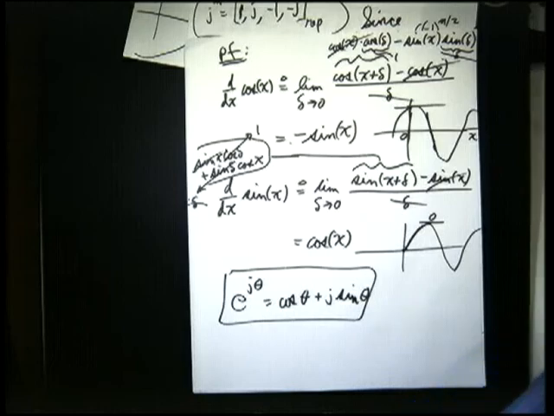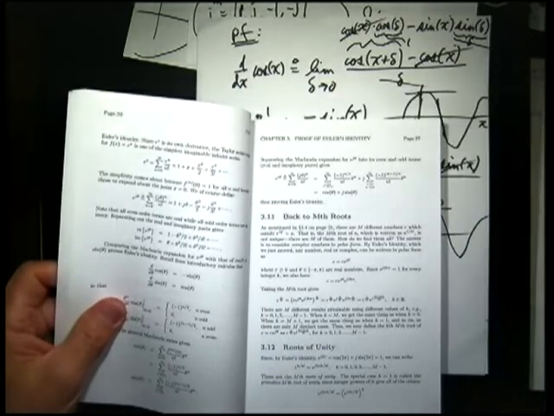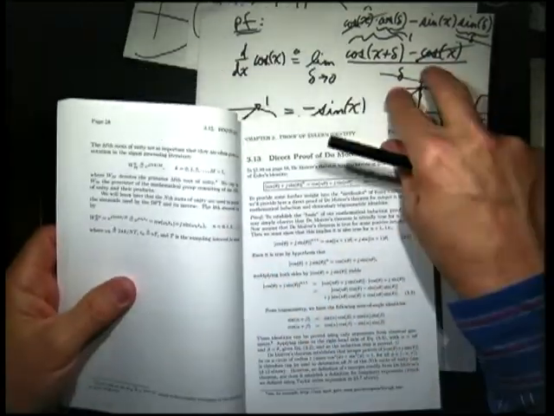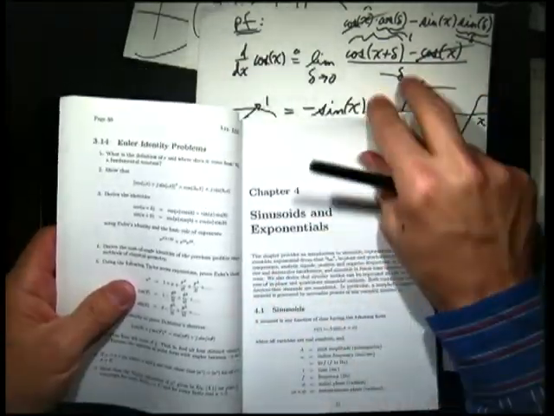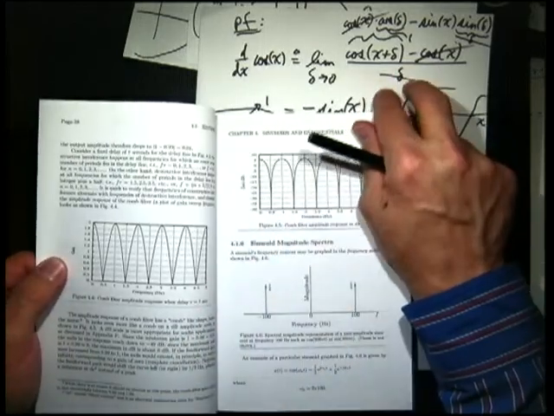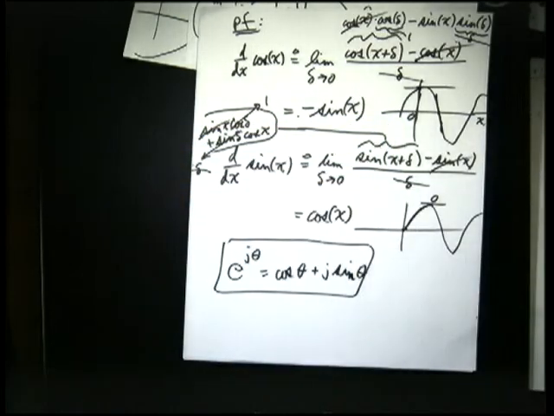Let's see what's coming up. Next time I'll talk about nth roots and the roots of unity, and then we'll go on to sinusoids and exponentials, which are fundamental, and start talking about some audio-specific stuff and some audio applications.